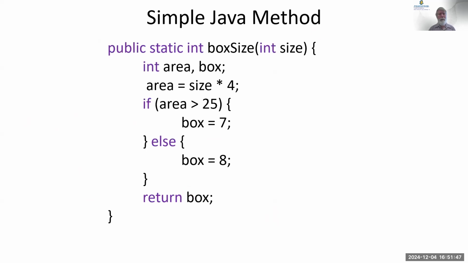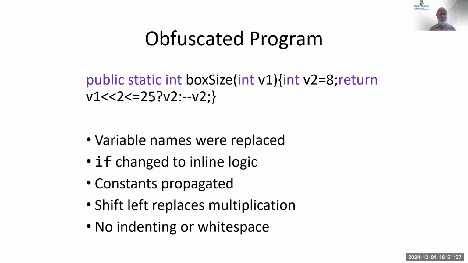Here's an example. We have a simple little program, local variables, multiplication, doesn't really do anything interesting. If this is true, the box. Okay. Here is the obfuscated version. They changed all the variable names to V1, V2, and so forth. And that makes it more difficult for humans because it's just numerical.